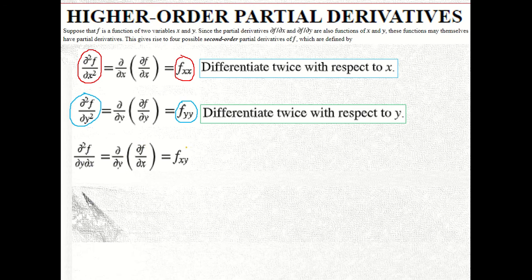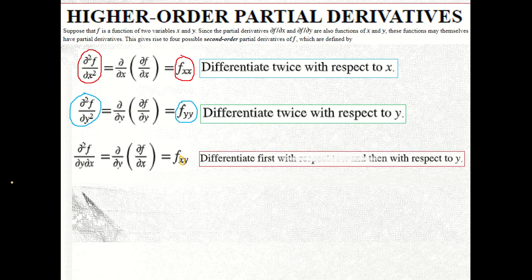Or we have f sub xy, means the first variable indicates that we differentiate partially with respect to x, then after that we take the partial derivative of the resulting function, this time with respect to y. So we differentiate twice, first with respect to x and then second with respect to y.